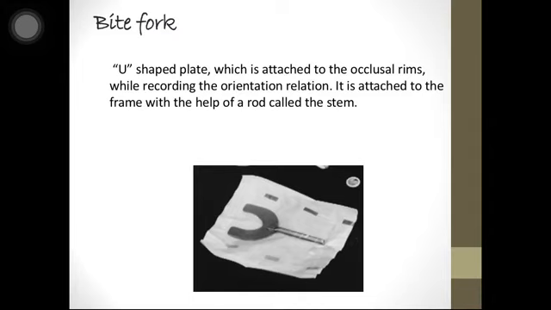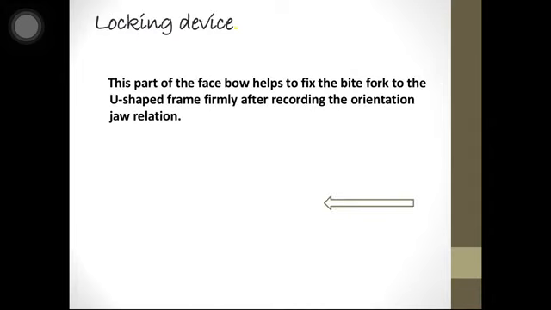This bite fork basically orients the maxilla, and the U-shaped frame and the bite fork are joined together with the help of a locking device. This part of face bow helps to fix the bite fork to the U-shaped frame firmly after recording the orientation jaw relation.